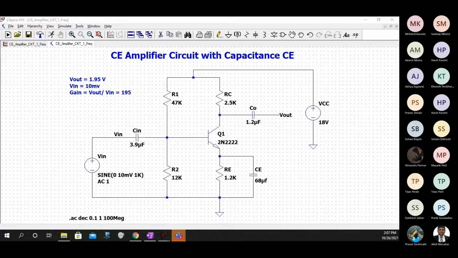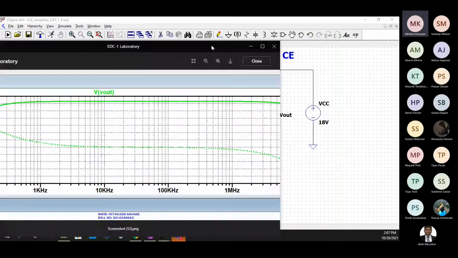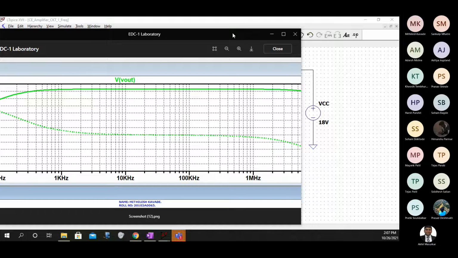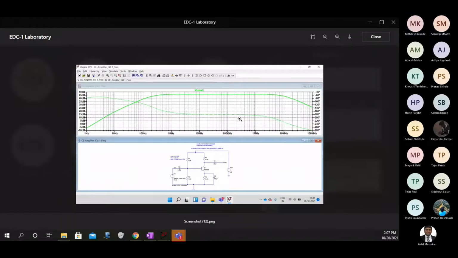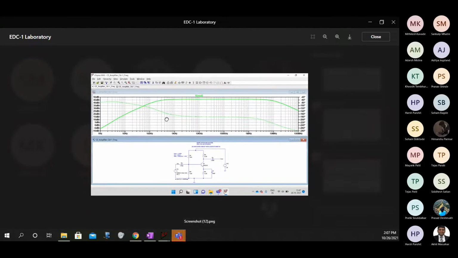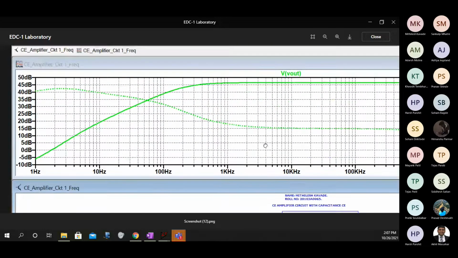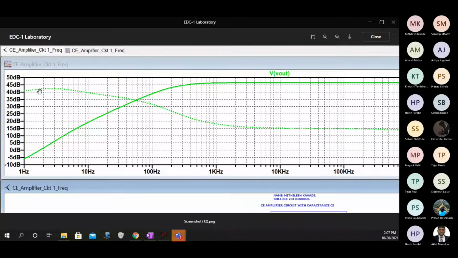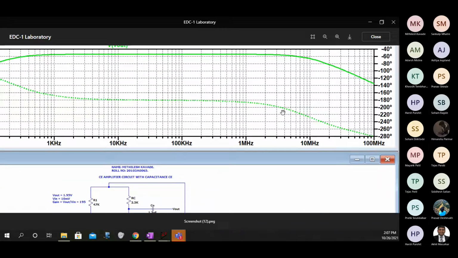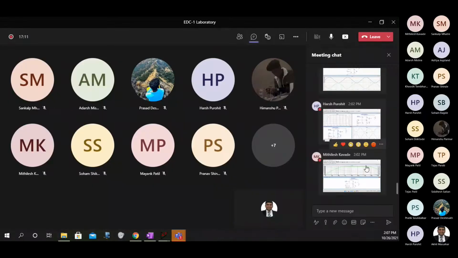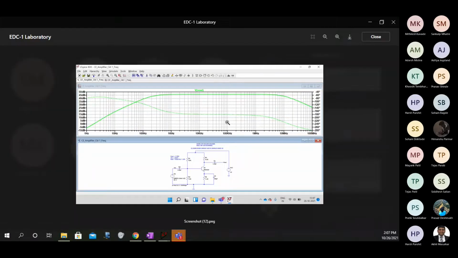Mithilesh, what is the problem? You are getting the same circuit. Acha, you are saying, sir, my graph is wrong. No, why is your graph wrong? Your graph is correct. Are you saying you are getting this green line? Do you feel the graph is wrong because of this green line? It is correct.